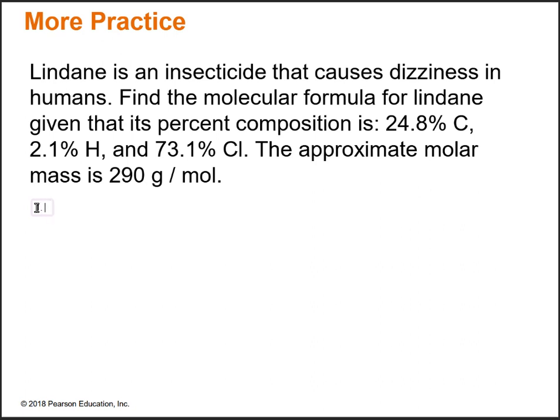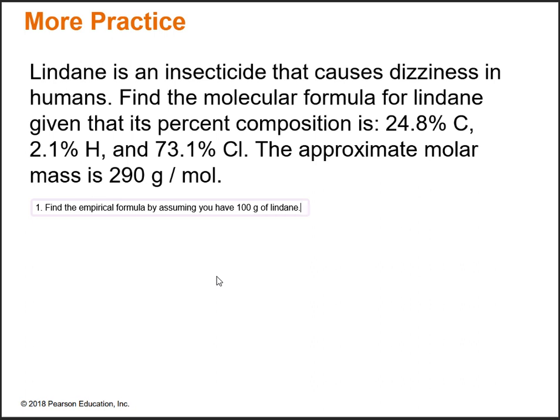So the first thing you're going to do is find the empirical formula just like we did before. Assume you have 100 grams of this substance so that you can take those percentages and make them grams.